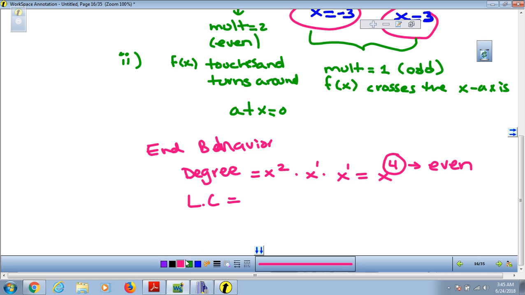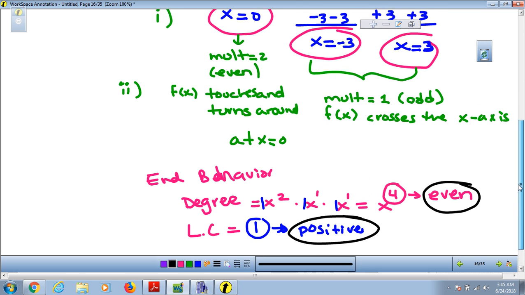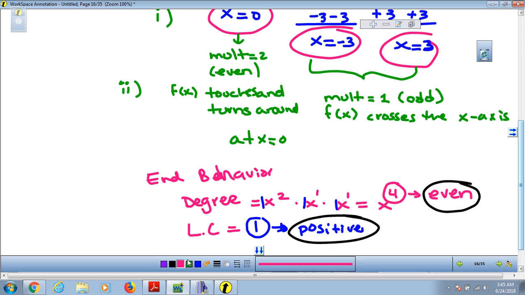The leading coefficient is going to be this 1 times this 1 times this 1, so it's just 1, which is positive. If you recall, what's the combination of an even degree with a positive leading coefficient? My graph is going to have endpoints pointing upward.